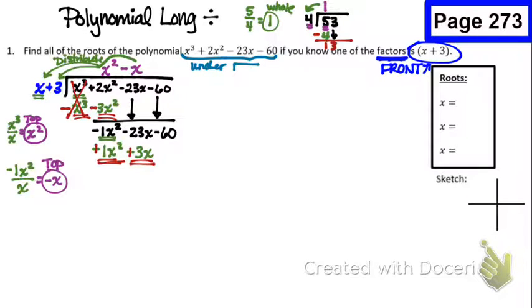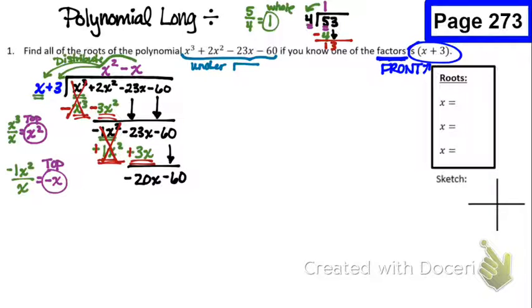Both signs are going to change because I'm subtracting both things. What is negative 1x squared plus 1x squared? They cancel. What is negative 23x plus 3x? Negative 20x. And now I'm going to bring down this minus 60.